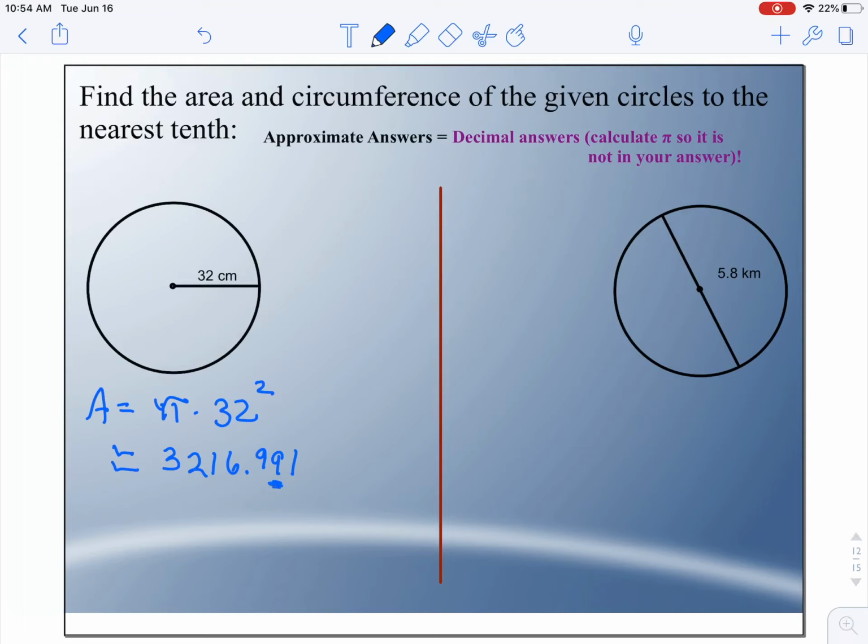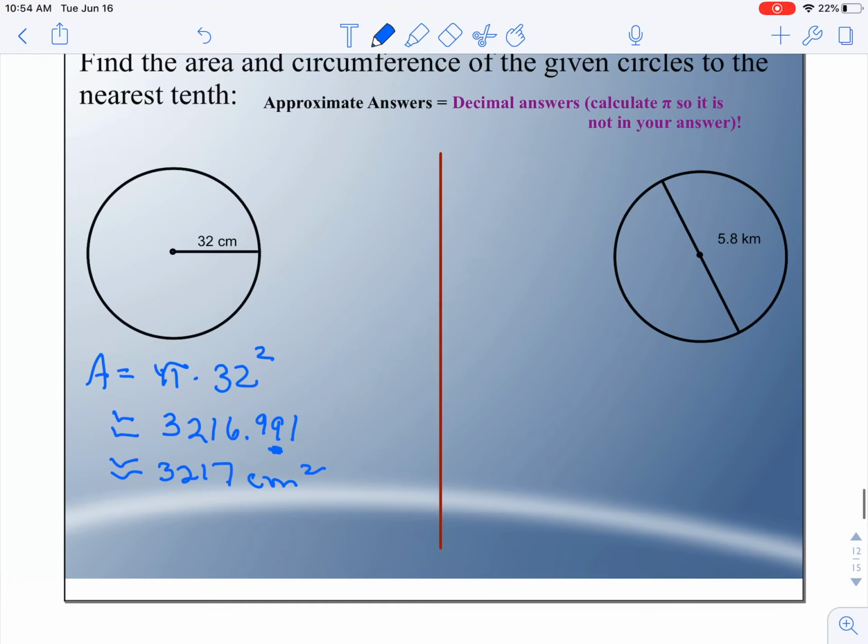When we're rounding to the nearest tenth, we look at this number right here, and since it's 5 or more, we have to round up. So this rounds to 3,217 centimeters squared. So be careful, make sure you know how to round correctly.